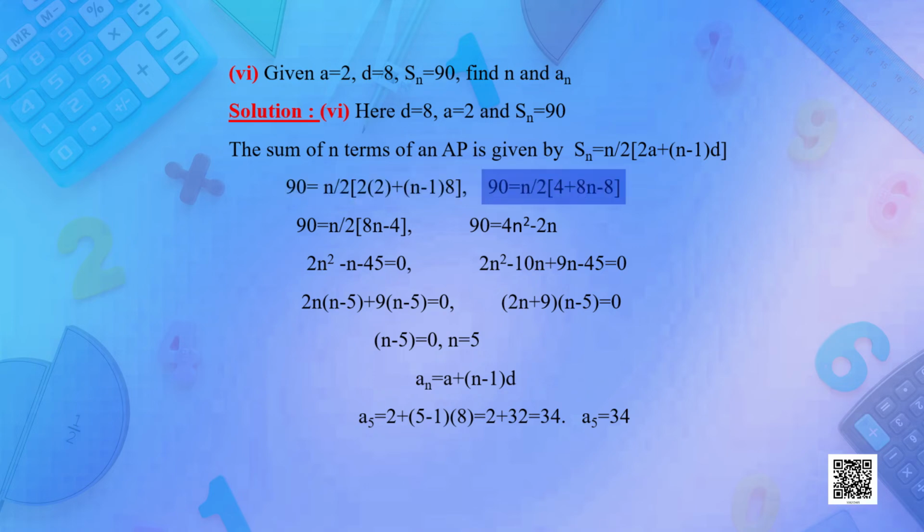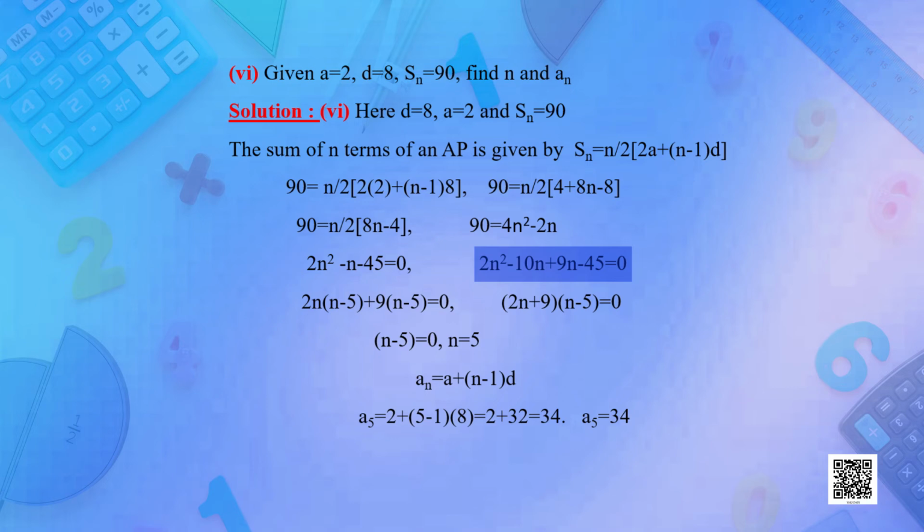Look here, we can write 90 is equal to n upon 2 into 4, 2 2s are 4, plus 8n minus 8, that is equal to 90 is equal to n upon 2 into 8n minus 4, which on simplification gives us a quadratic equation. 90 is equal to 4n square minus 2n, which can be written as 2n square minus n minus 45 is equal to 0. We have divided the whole equation by 2 to obtain this equation.